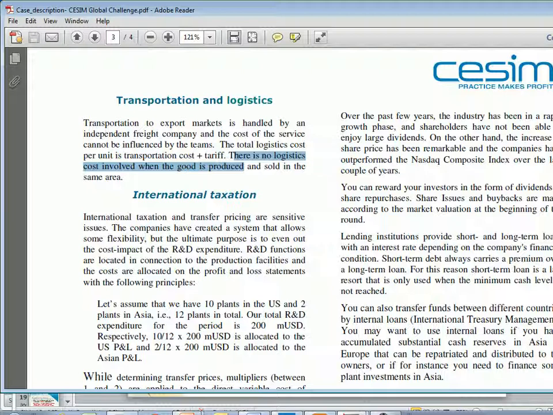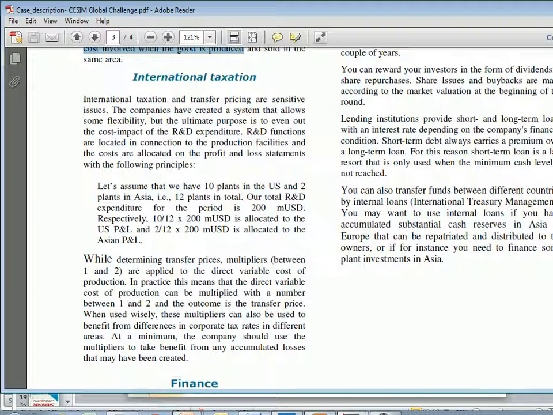All right, here's international taxation. These are sensitive issues. Basically, you want to even out your R&D expenditure. What we mean is right now R&D is all made in the USA, so it shows up in the profit and loss or the income statement as an expense.